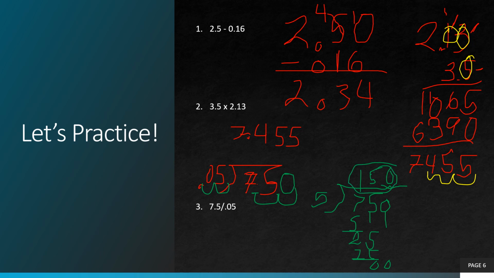Now to double check that, we can always plug it back in. And we're going to use our original number from the first part to double check. So if we go 150 times 0.05, and we follow the same rules as before, 0, 5 times 5 is 25, carry the 2, 5, 6, 7.